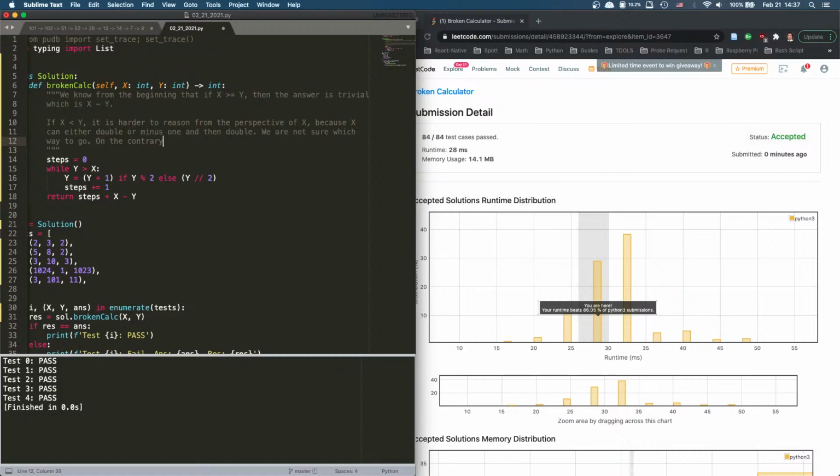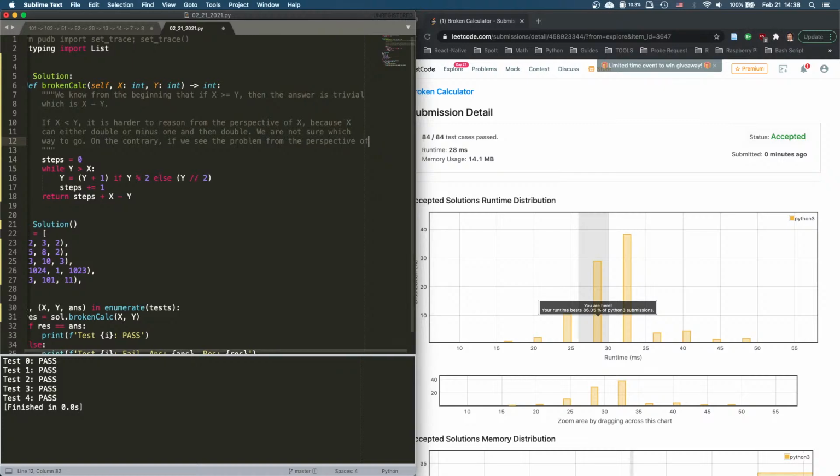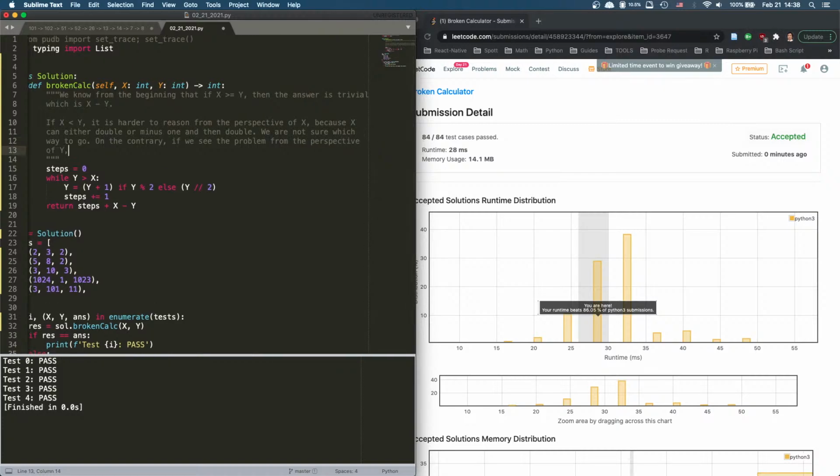On the contrary, if we see the problem from the perspective of y, it becomes very clear, because y can only +1 or halve.